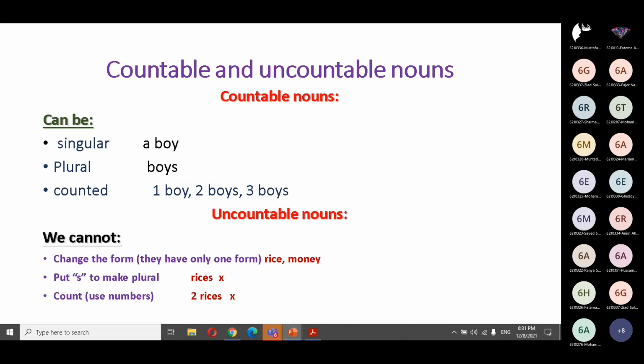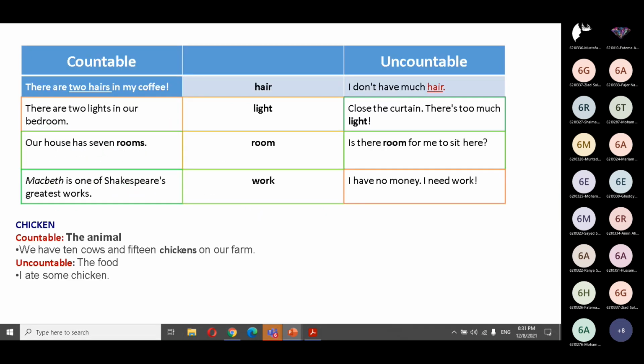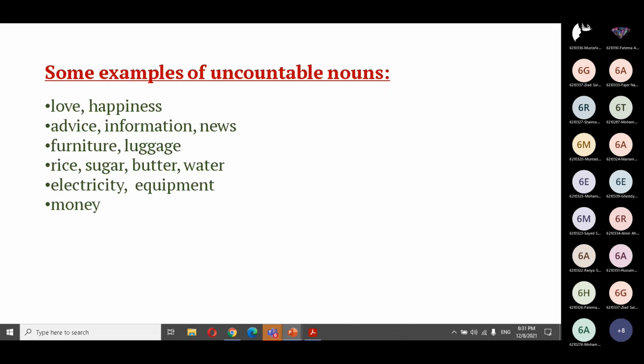So generally, this is the difference between countable nouns and uncountable nouns. But we said some words can be countable and uncountable. It depends on the use or the sentence. But this is very important, especially the word advice, the word information, news, furniture, luggage.